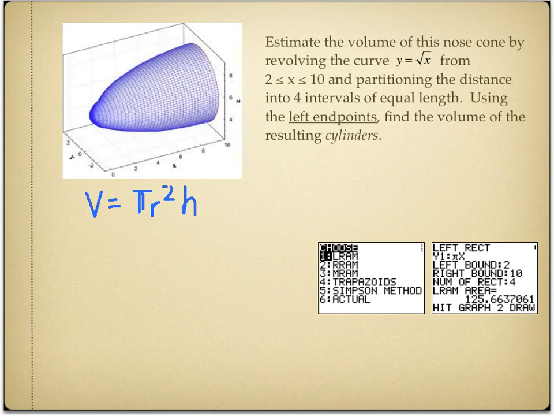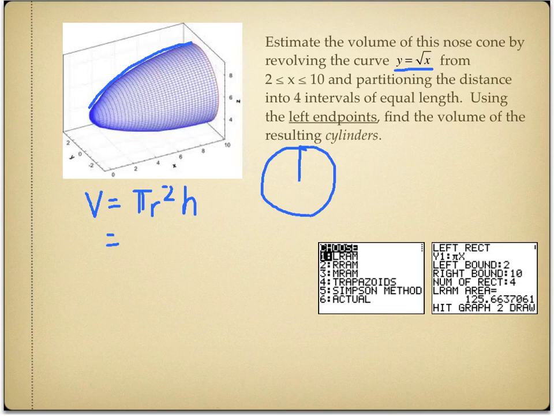Now, picture this, that another name for the radius here, if we kind of look at this from the side, the radius would look like this, but the radius is really going to be that equation of y here. That's going to be the same as the radius, because as you go along this point here, your radius is going to be changing.